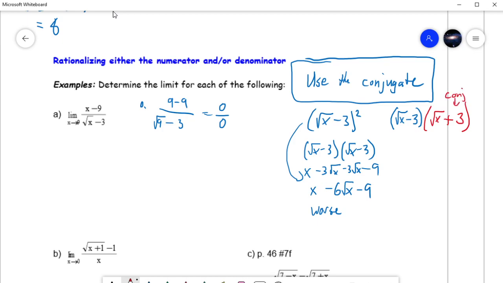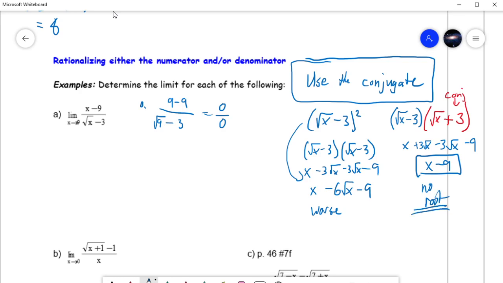So root x minus 3, I'm going to multiply it by root x plus 3. What happens when I do that? Root x times root x becomes x. Root x times positive 3 is plus 3 root x. Negative 3 times this is negative 3 root x. And then negative 3 times 3 is negative 9. And now I get x minus 9, and I have no root.